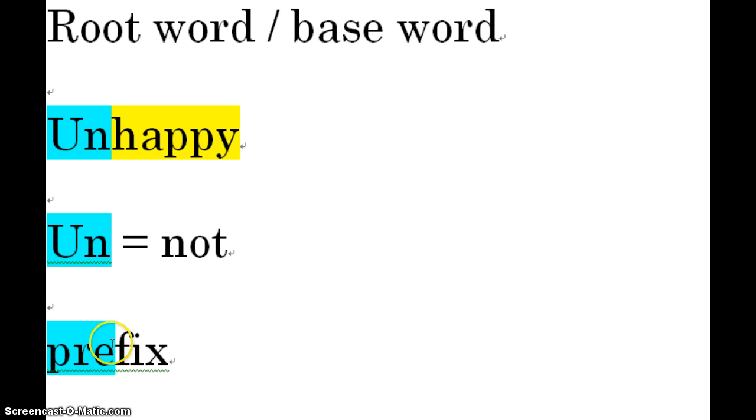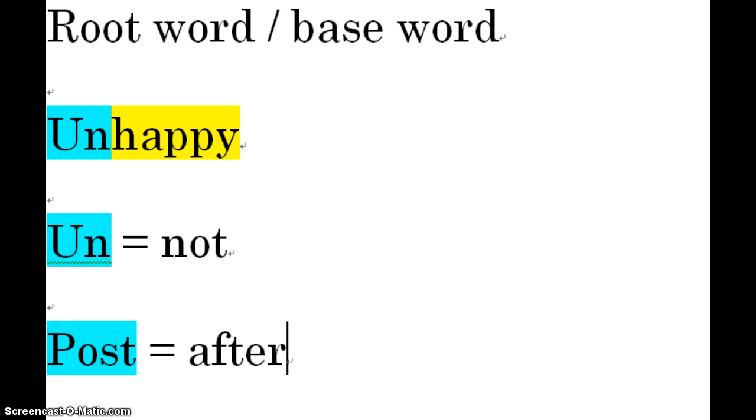I said pre means before, right? Well, the opposite of pre, I guess, is post. When you hear the word post, you might think of a mailbox kind of post or the post office. But post also means after. So prefixes have meaning, basically.